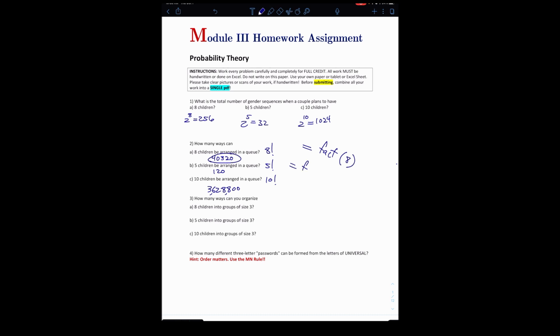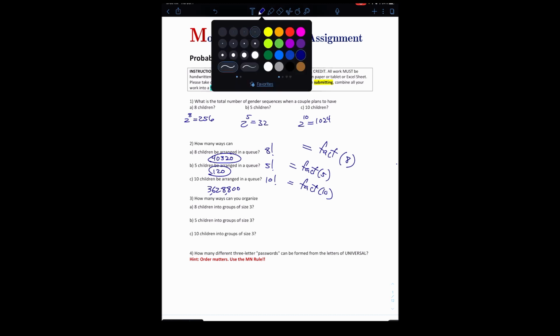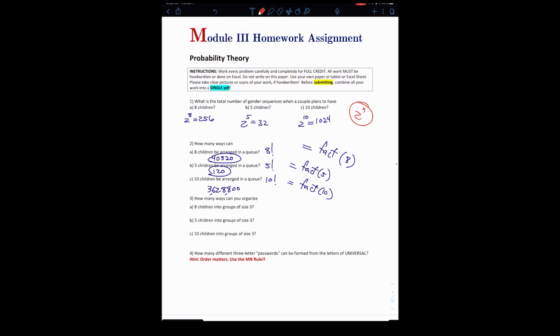If you type FACT of 5, you get 120. If you type FACT of 10, you get 3.6 million. So that's that. The shortcut here is 2 to the n. The shortcut here is n factorial. And that's a second type of MN rule.